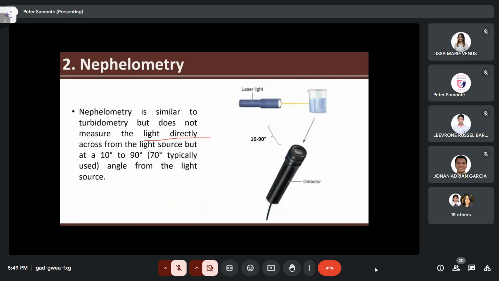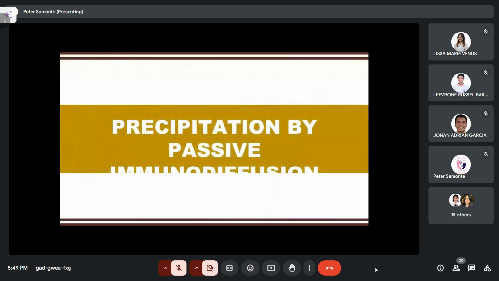But in nephelometry, class, you measure the light at a different position, specifically at a 10 to 90 degree angle, typically 70 degrees, from the light source. So instead of a straight line like turbidimetry, you would have the detector positioned at an angle of 10 to 90 degrees, typically 70 degrees. Then you measure the light.